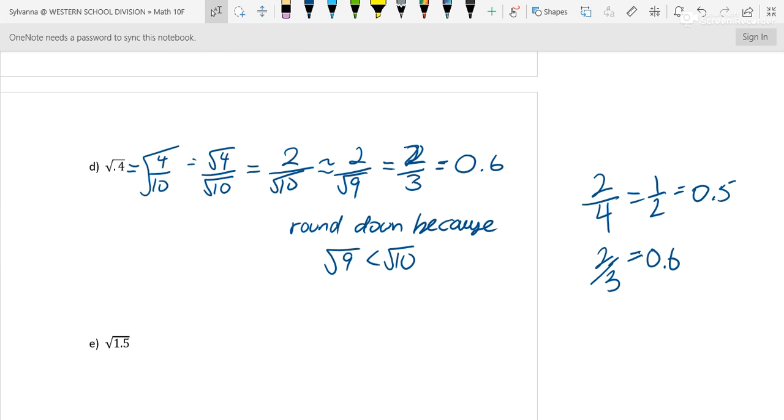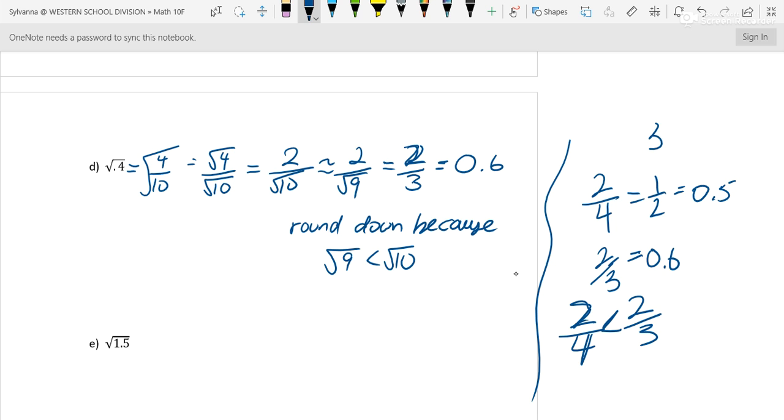So if I look at the difference between these, well, I know that 2 over 4 is going to be smaller than 2 over 3. Okay? But look at my denominators. My 3 is smaller than 4, but when I put it under a fraction like that, it would produce a larger number. 2 over 3 is larger than 2 over 4.